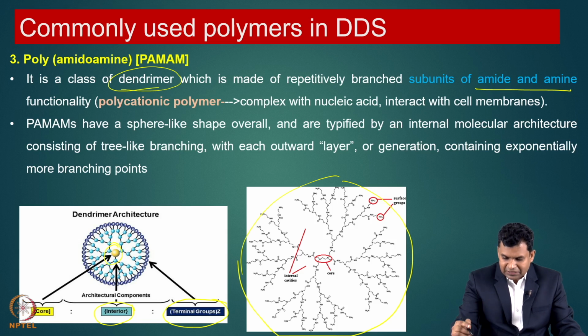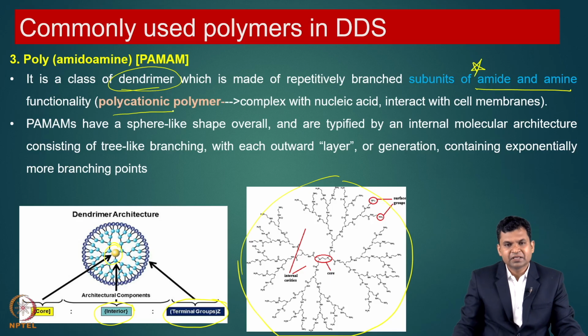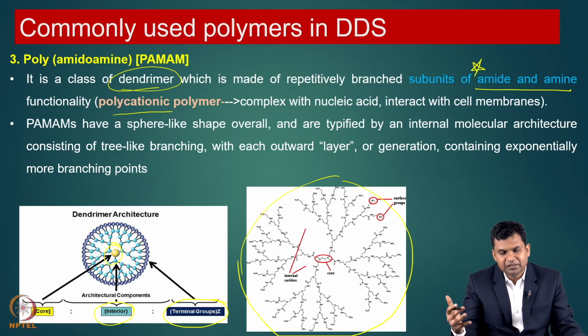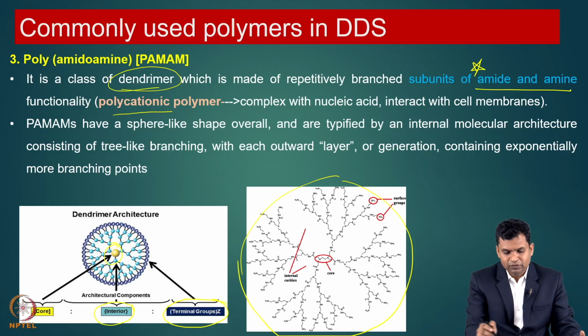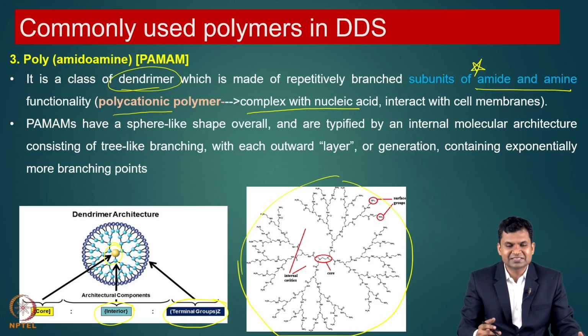The functional groups, amide and amine, are cationic in nature and give a positive charge, which is helpful for complexation with negatively charged molecules, especially nucleic acids, some proteins and peptides, and siRNA. So it will help with the complexation or stabilization of the biological molecules.